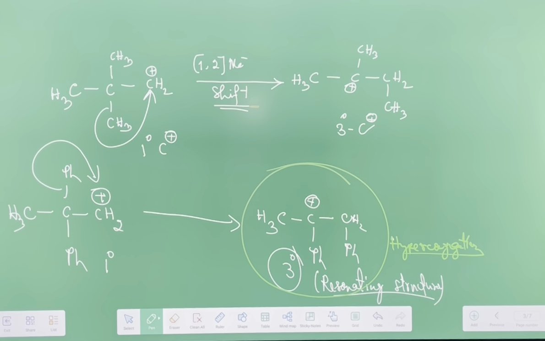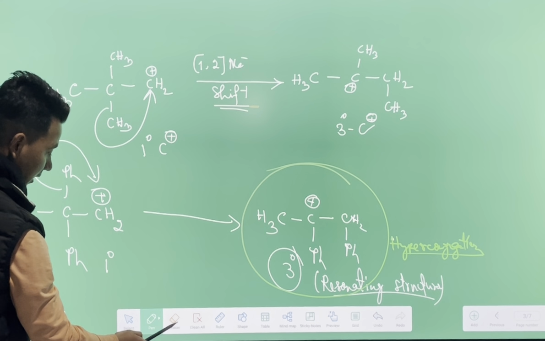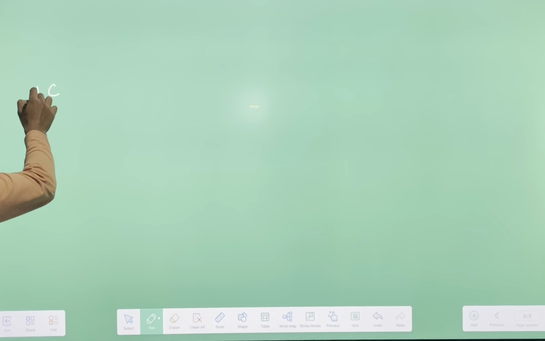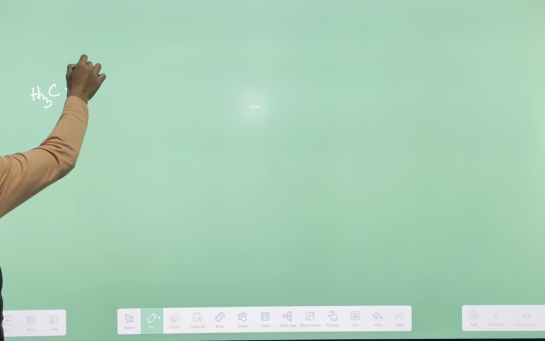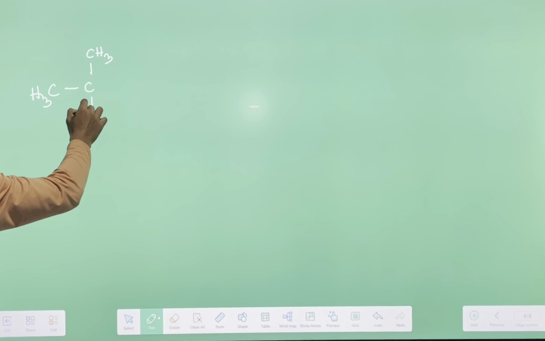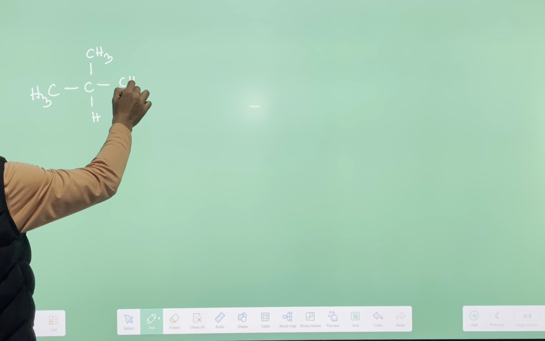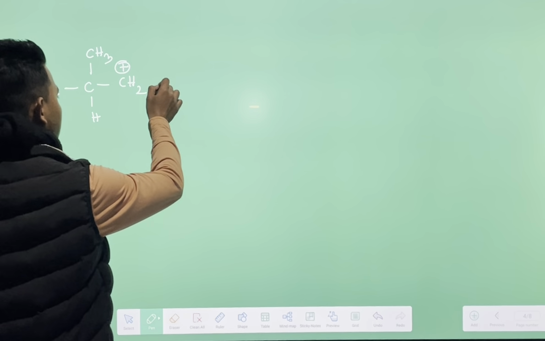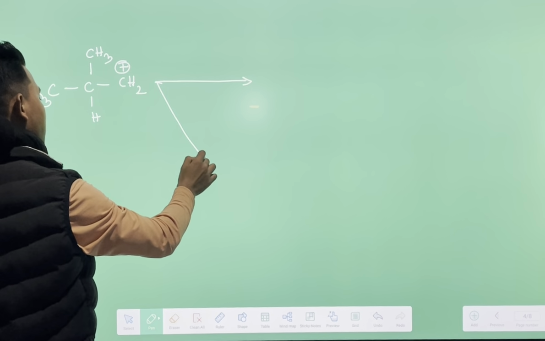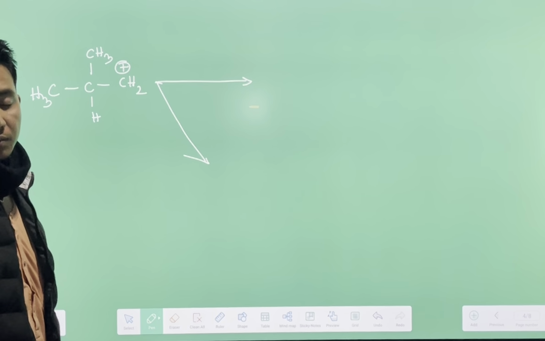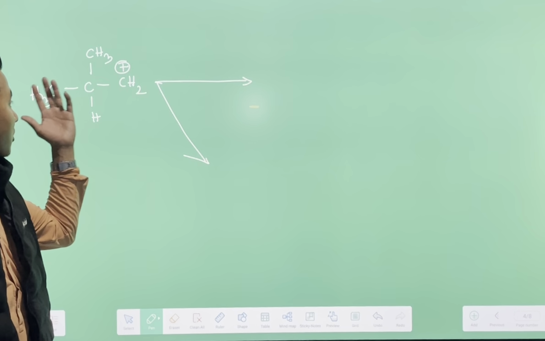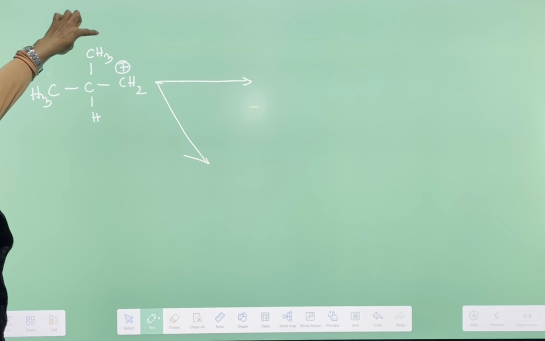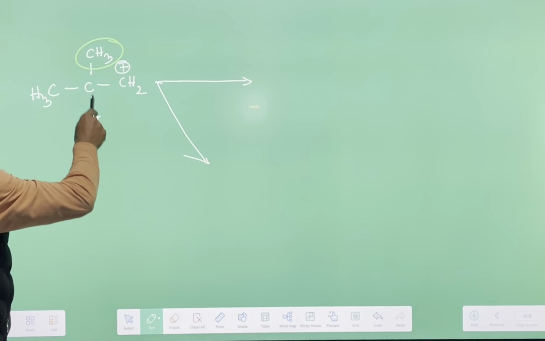Another example, let's take an example which has both. CH3, CH3, CH2 carbocation. Here, regarding the rearrangement of carbocation, there are two possibilities for shifting: either this methyl group or this hydride.